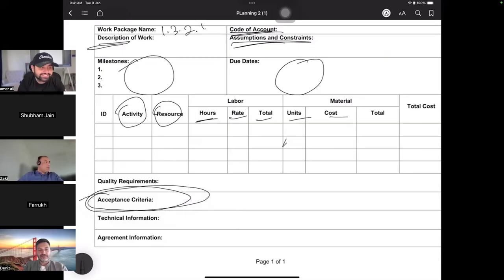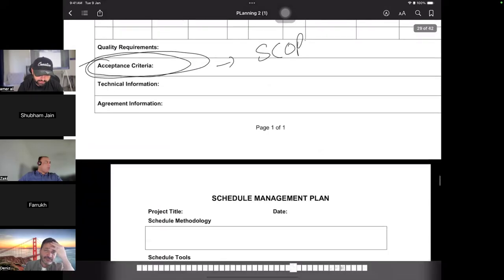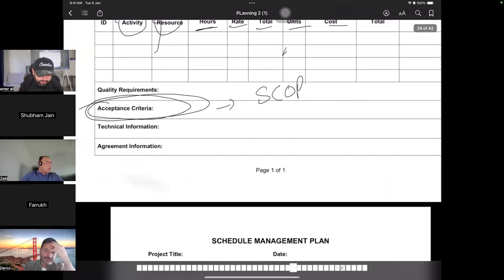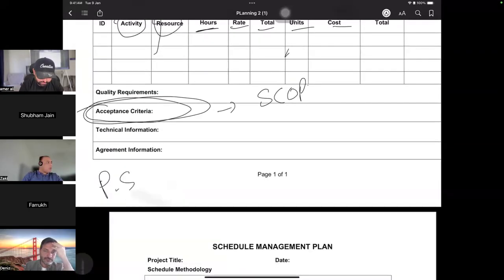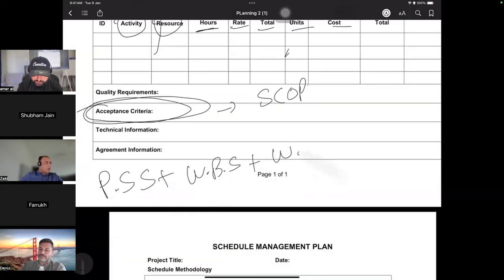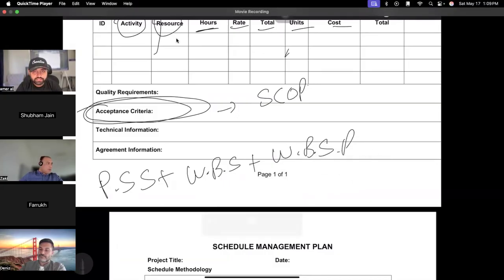And this becomes part of the scope baseline. What is your scope baseline itself? The scope baseline is the combination of the project scope statement, the detailed scope of the project, the WBS, and the WBS dictionary. That is your scope baseline.